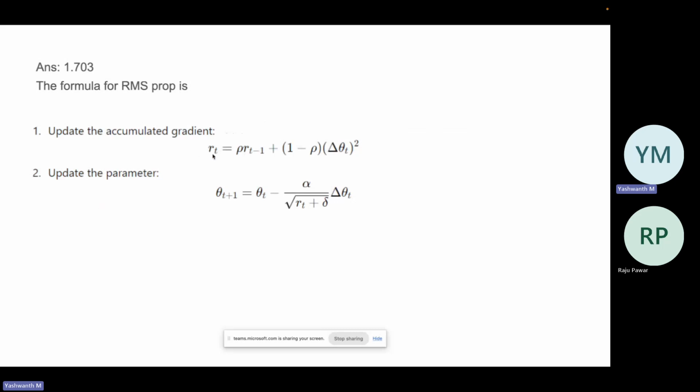Here we are tracking the second moment of the weights using some momentum, and while adapting the weights, we scale down when the gradients are high. That is the update rule. We can simply plug in the values here and get the final answer. So you need to be familiar with these update rules to answer this kind of question.